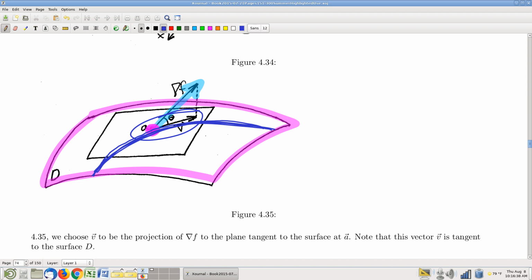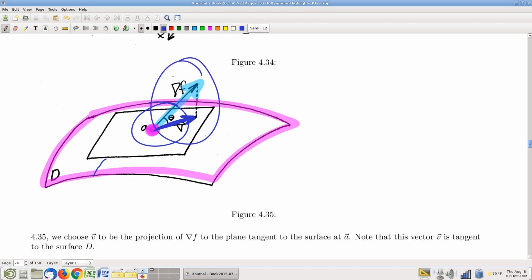Yeah? Everybody good? And now let me just make the case for what happens in this picture as I have it drawn here. If I go with that velocity along the curve that I just erased, look, this is an acute angle. Cosine theta is positive. If I were to write down gradient f dot v, if I were to take that dot product there, I'm going to get a positive value. The function's increasing as I move in that direction.